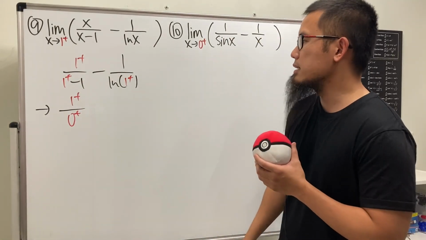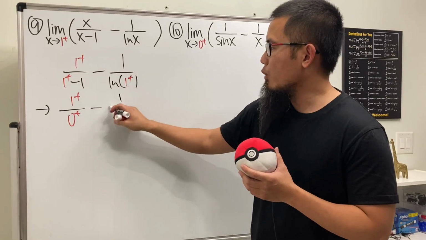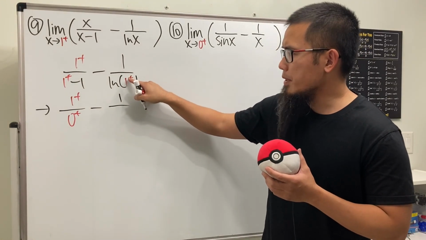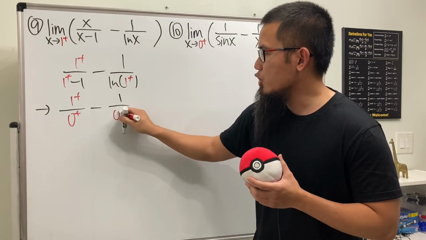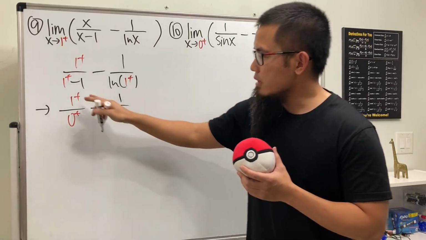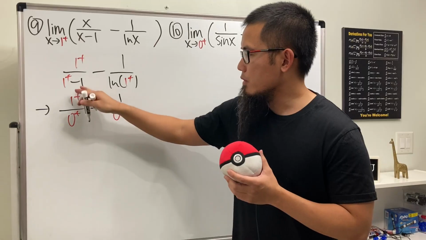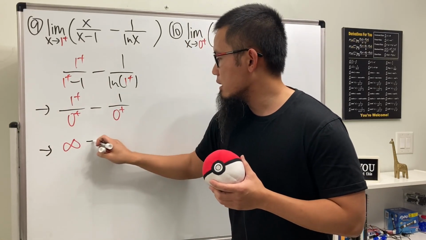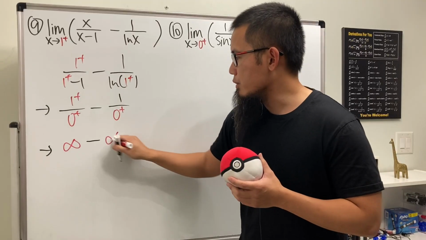So put 0 plus. And then this is minus 1 over ln 1, which is 0, but if this is a little bit bigger than 1, then we end up with a little bit bigger than 0. You see, both of these are positive, so we get infinity. And likewise, this right here, both of them are positive, so you get infinity.